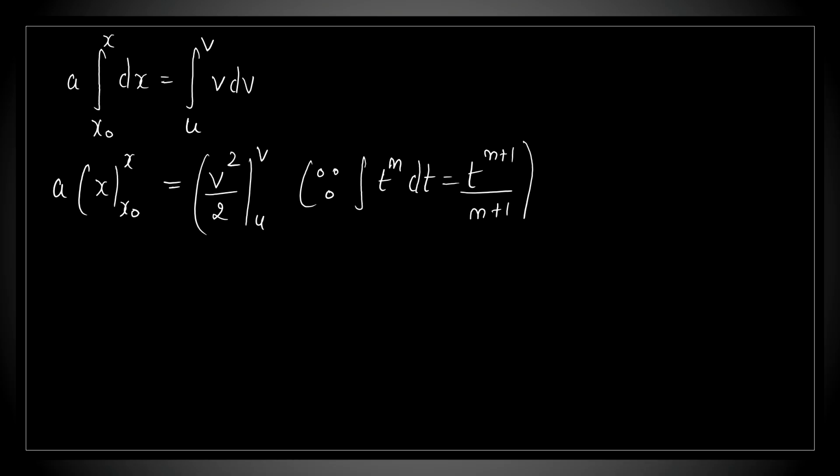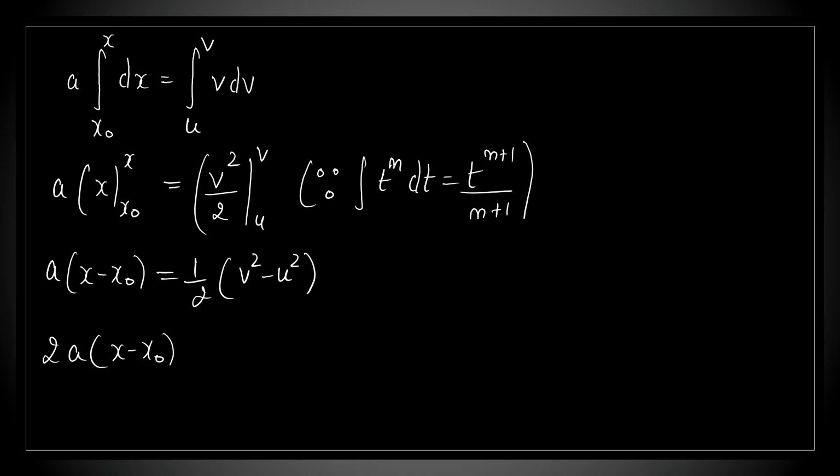Then putting the limits, a into x minus x naught, upper minus lower, equal to half v square minus u square. Then simplify this equation, we get 2a into x minus x naught equal to v square minus u square.